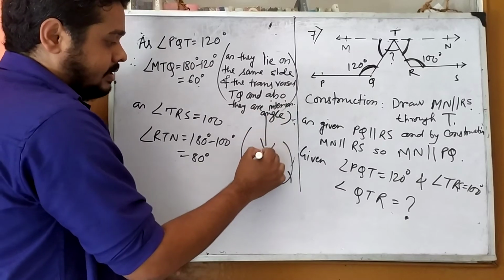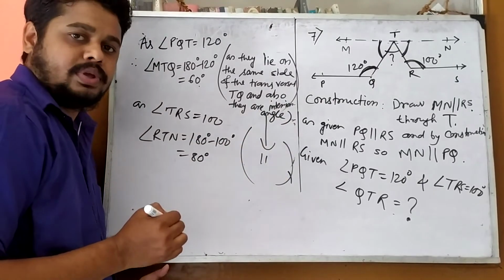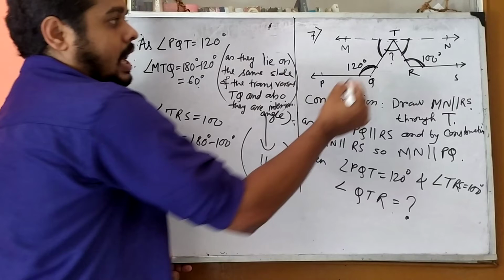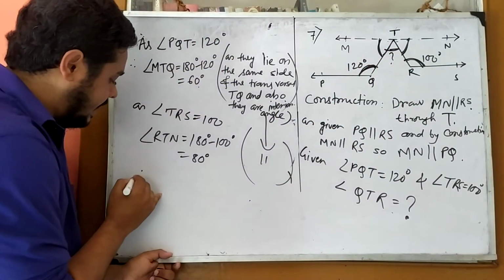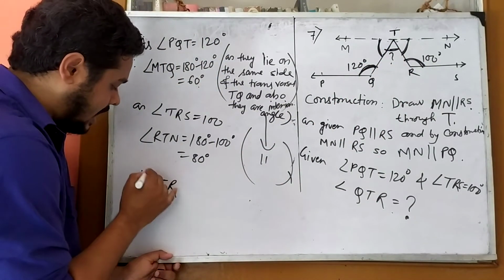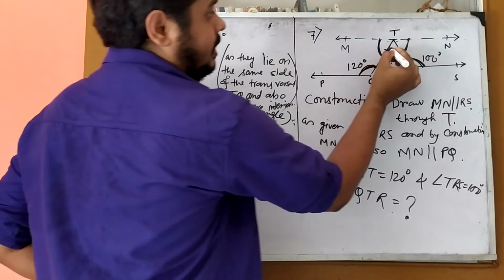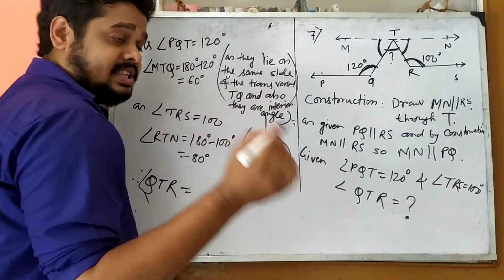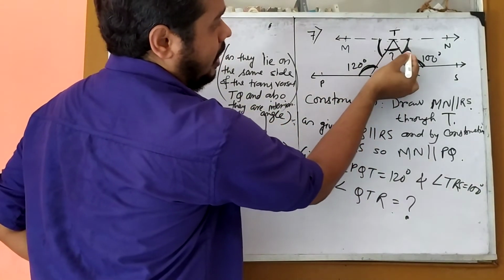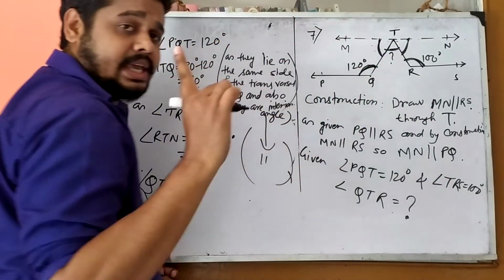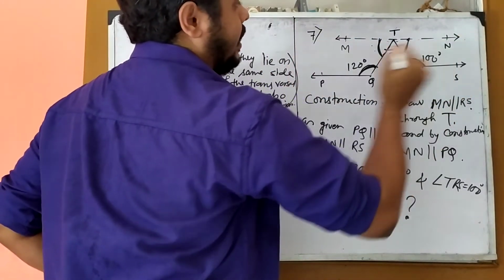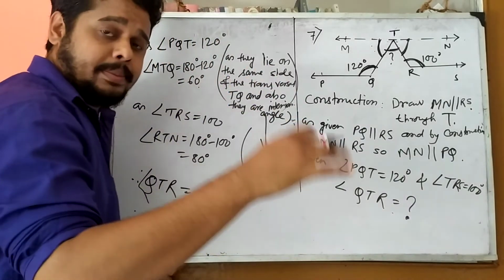Using the same property, we can say, therefore angle QTR: the sum of all these three angles is 180 degrees because they lie on the straight line MN.